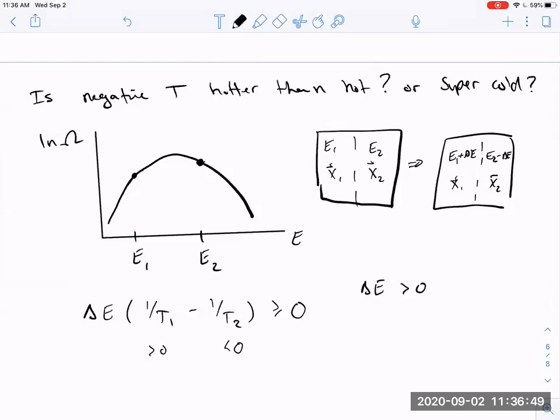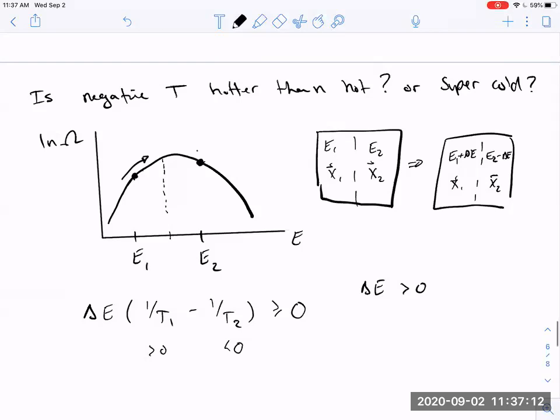So if I fix the total energy, I'm trying to go to a position that maximizes the number of ways something can happen, goes to a most probable state. The system over on the left will increase its energy.